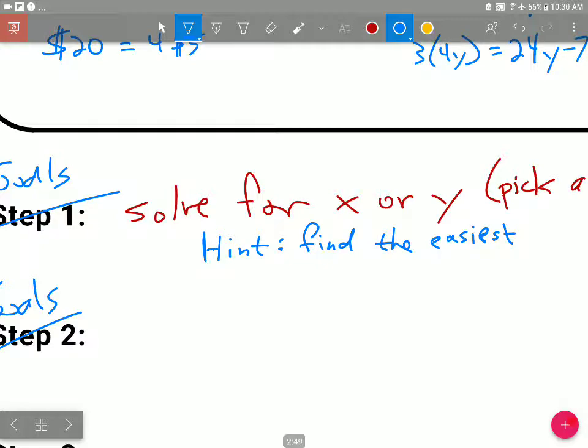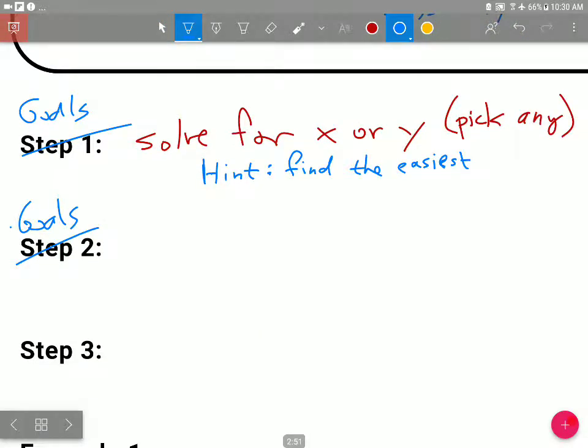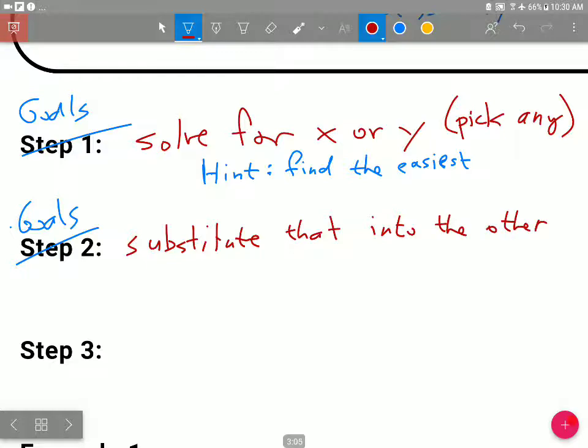Step 2, or goal number 2, substitute that into the other equation. So solve for one of them and then plug it into the other equation.